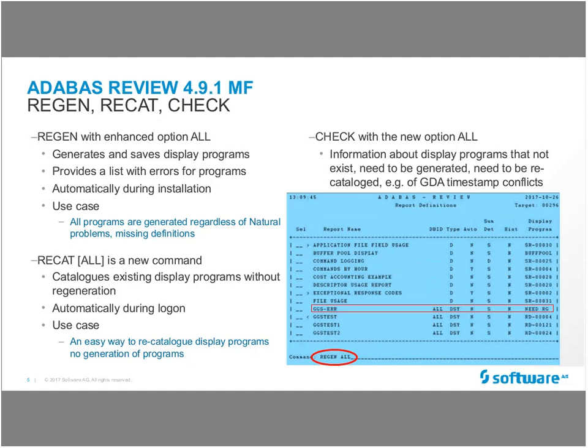Just to show you how it looks, here is a screenshot. You see in the red box, need RG. That means this report has a problem, probably a timestamp issue, and you get the information to regenerate it.